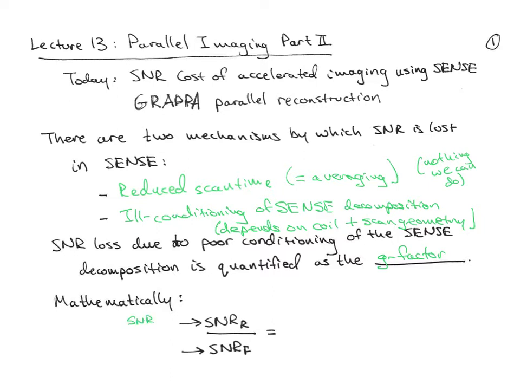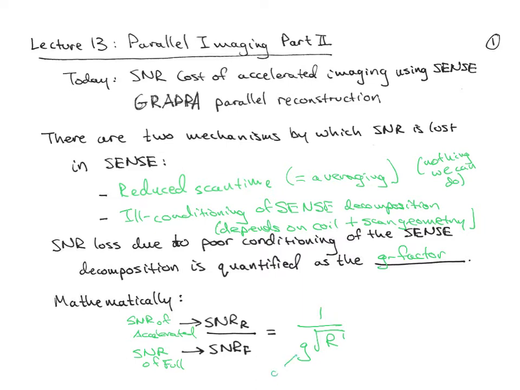So this is the SNR of the accelerated, and this is the SNR of the full, is given by 1 over the g factor, which is again a function of space, times the reduction in scan time factor, which is not a function of space.